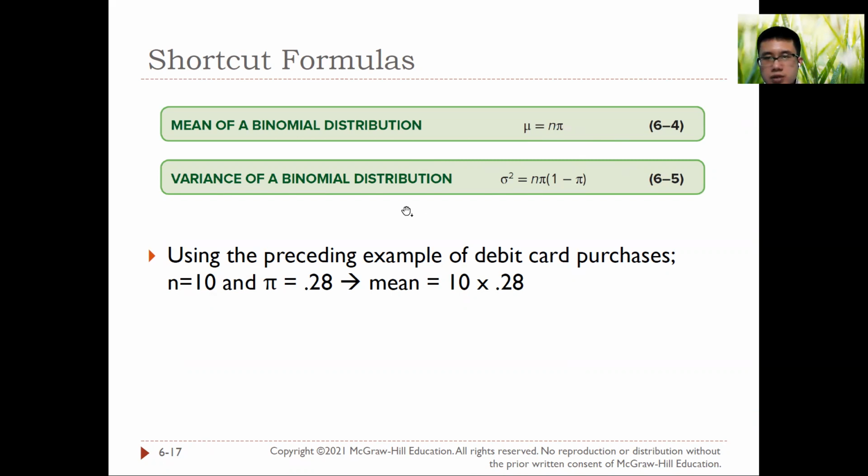And from the previous example, our n is 10 and our pi is this. Of course, our mean is 10 times 0.28, and the result is 2.8. You can use this shortcut formula to find the variance.